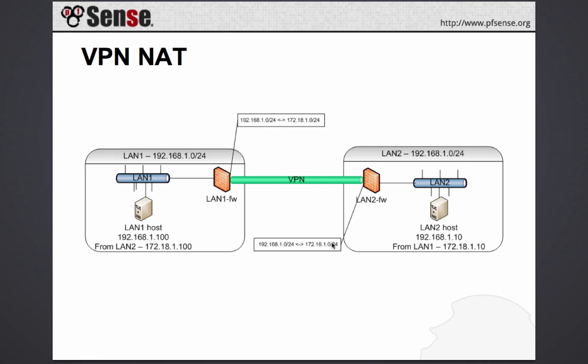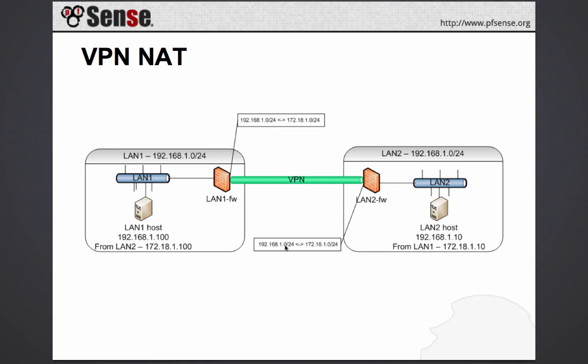So to work around that, you can NAT across the VPN so the opposite side always sees the network as a different subnet. So for this example in particular, on this side we're translating between the local LAN, the 1.0/24, and a subnet that we picked at random that's not in use anywhere else between these two different sites: 172.16.1.0/24.